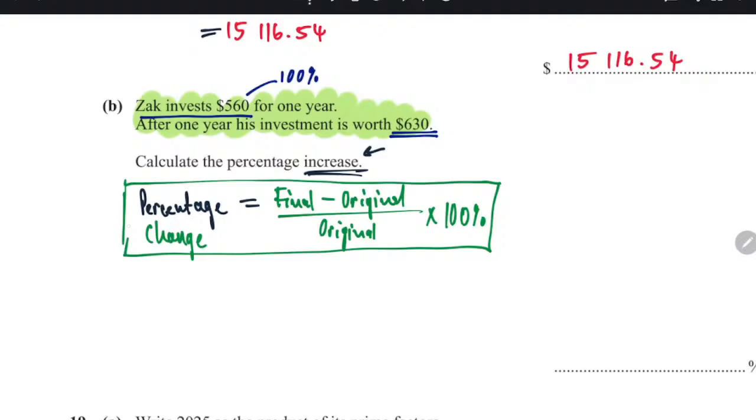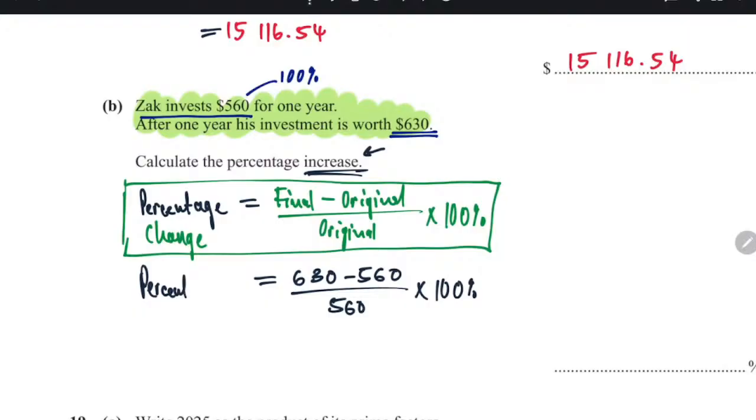So it's just simply going to be equal to, what is the final? 630 minus original 560 over original 560 times 100%. This gives us the percentage increase. They told us that this is an increase. Are we together? What do you get?